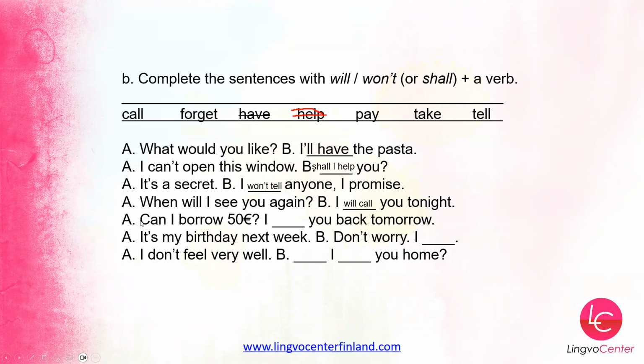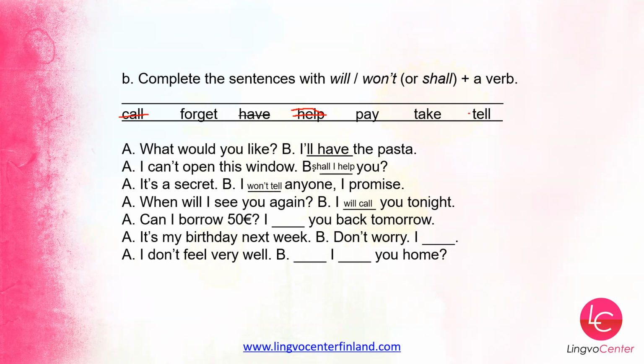So now Alex asks someone something. Let's see what he asks. Alex asks, can I borrow 50 euros? You back tomorrow. This is also a promise. What does Alex say? Oh, wait, I forgot to do this.